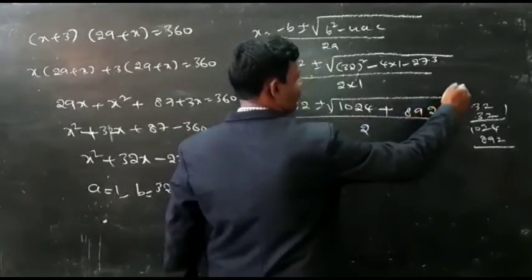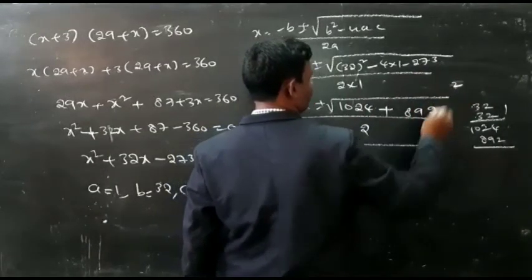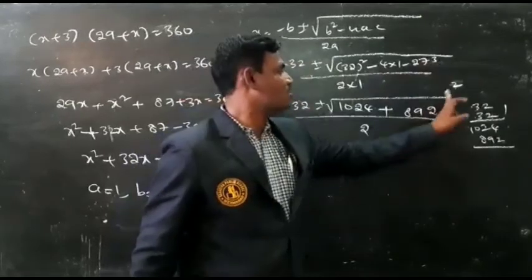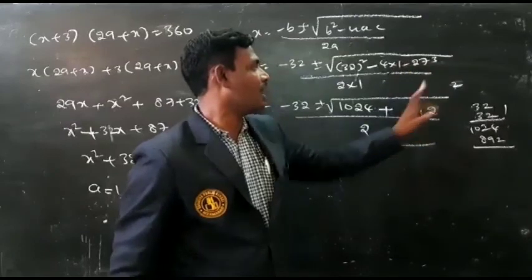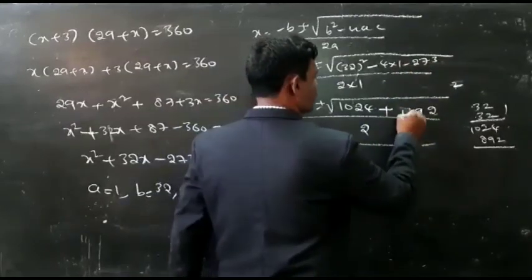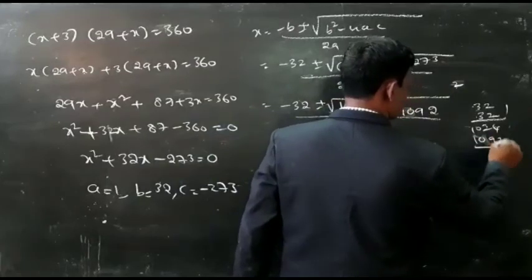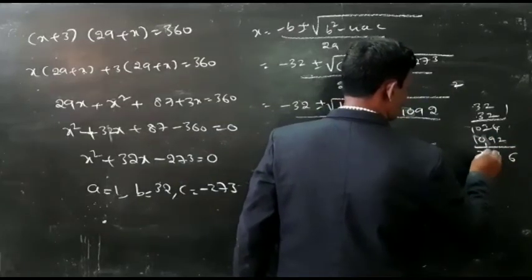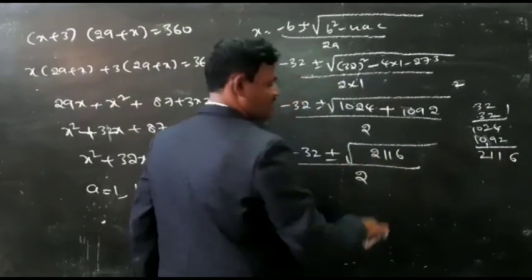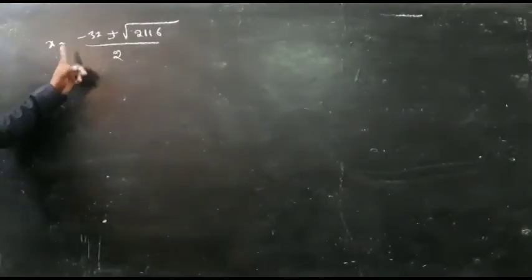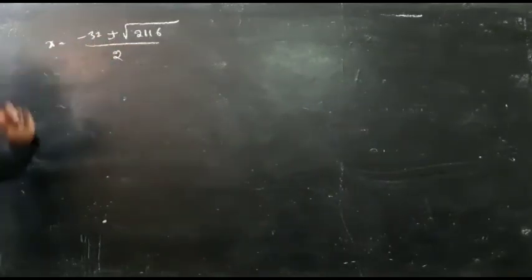So 4 threes are 12, 4 sevens are 28 plus 1, 29, and 4 twos are 8, 8 plus 2, 10. So it is 1092, and 1024 plus 1092 is 2116, by 2 into 1, which is 2. x is equal to minus 32 plus or minus square root of 2116 by 2.